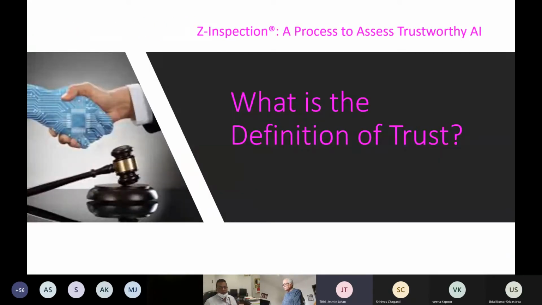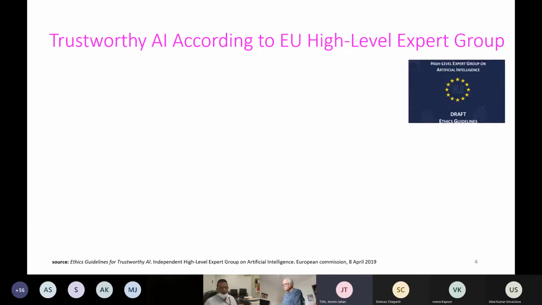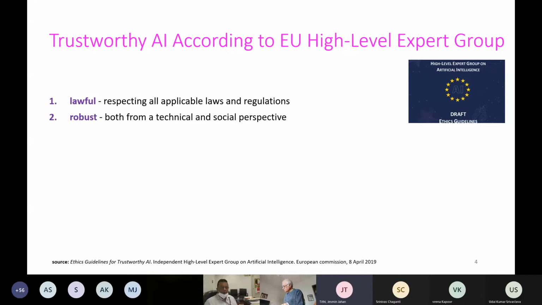Even a more basic question is: what is the definition of trust? The definition can vary based on the context and domain, but we use the definition given by the European Union High-Level Expert Group. According to them, an AI is trustworthy if it's lawful, respecting all applicable laws and regulations, if it's robust, both from a technical and social perspective, and if it's ethical, respecting all ethical principles and values.